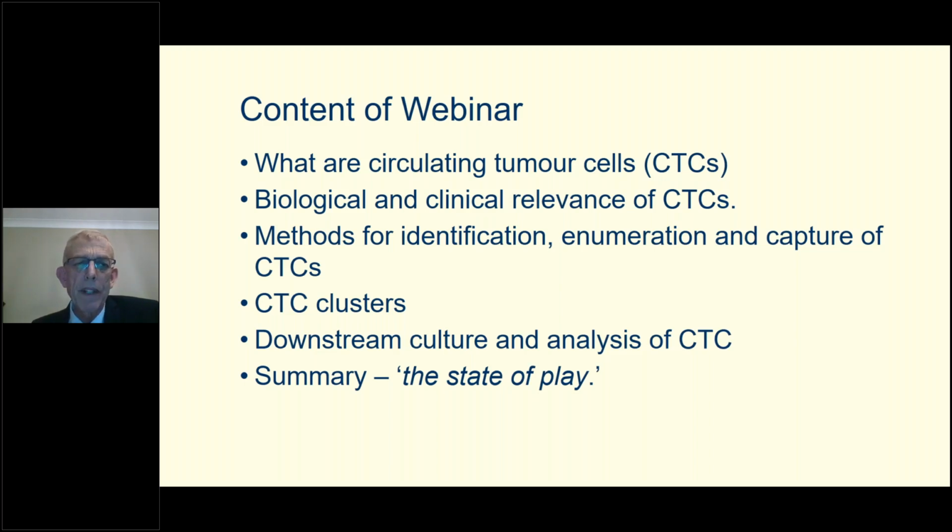A very important development in CTC biology of late is the phenomenon of CTC clusters, so groups of CTC cells that seem to break away from primary or secondary tumors into the circulation. And these might be very important in terms of driving metastasis and tumor development and tumor progression within an individual.